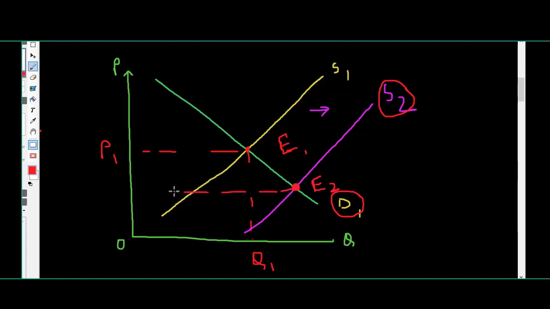So this E2 point is showing us a different scenario. Now the equilibrium price is lower than before, but the quantity is higher than before. So these are the cases of what might happen if the demand curve or the supply curve changes their position, then equilibrium will also be changed. All right.